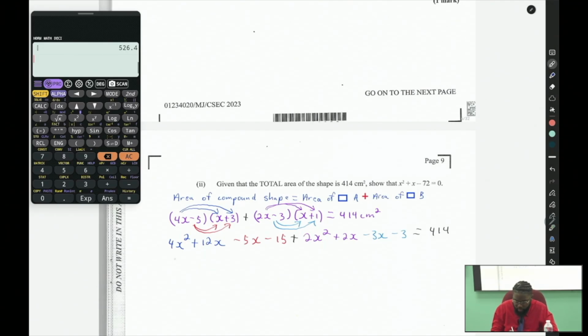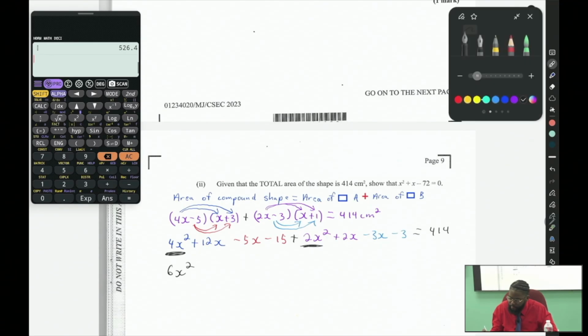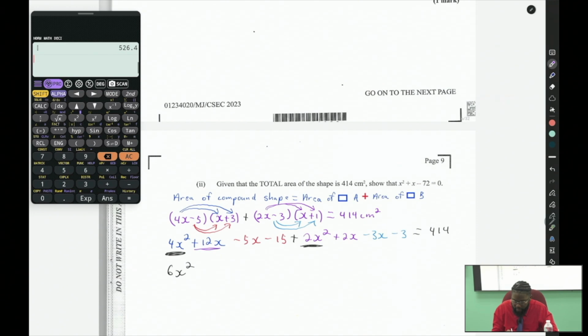So we're going to look at the x squares, which will give us 4x squared plus 2x squared, which will give us 6x squared. Next, we're going to look at the x's. So we're going to have positive 12x, negative 5x, plus 2x, and negative 3x.